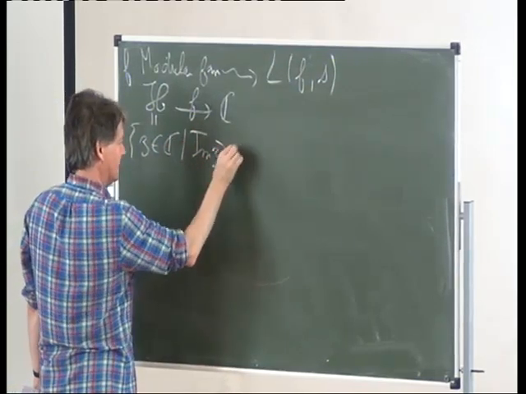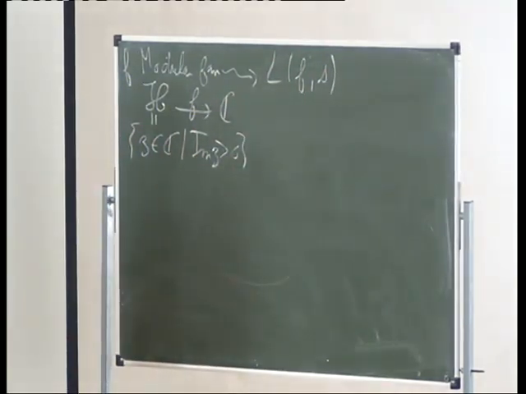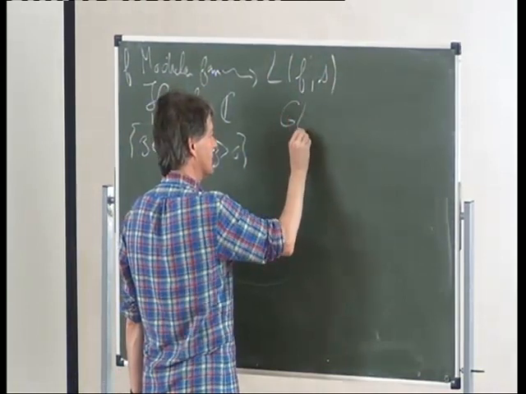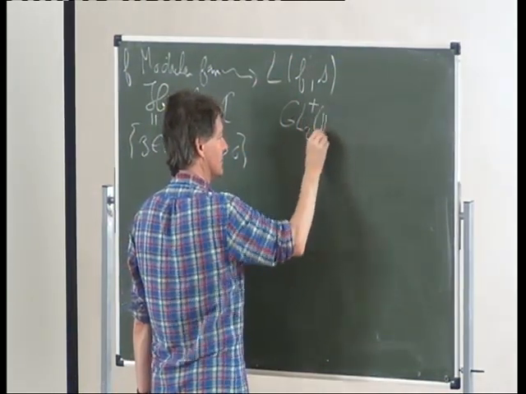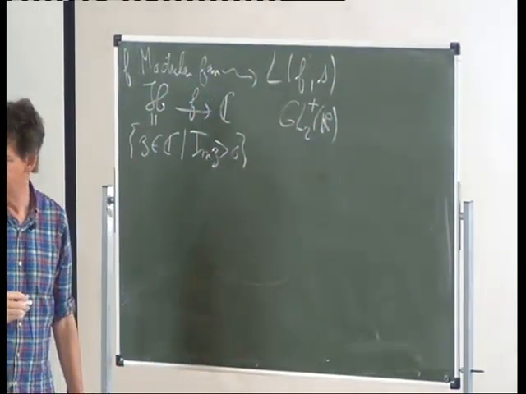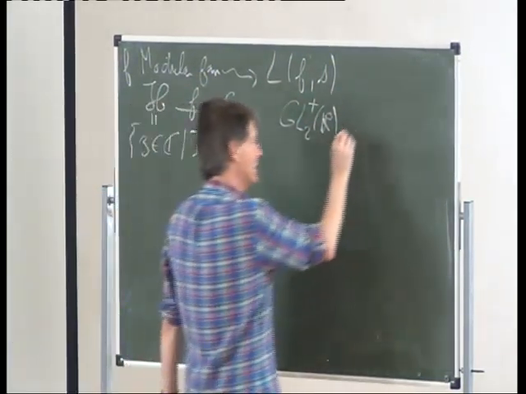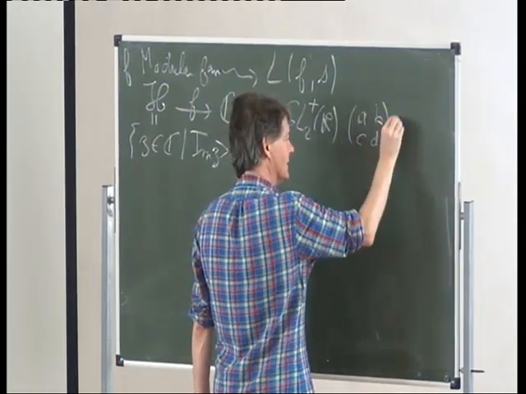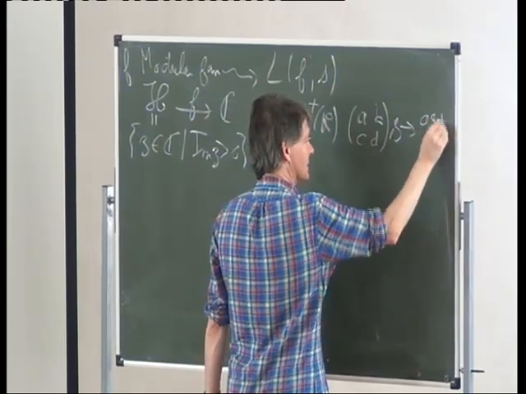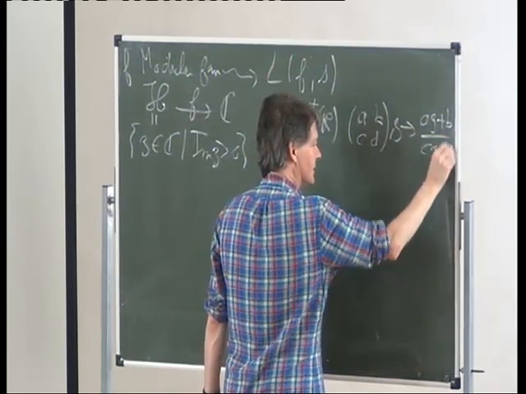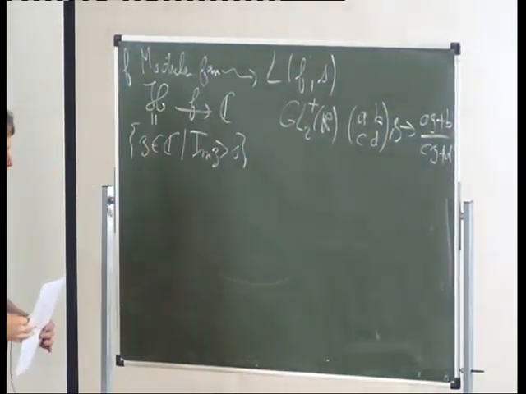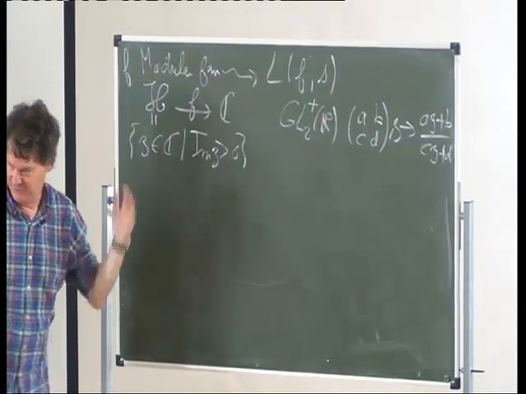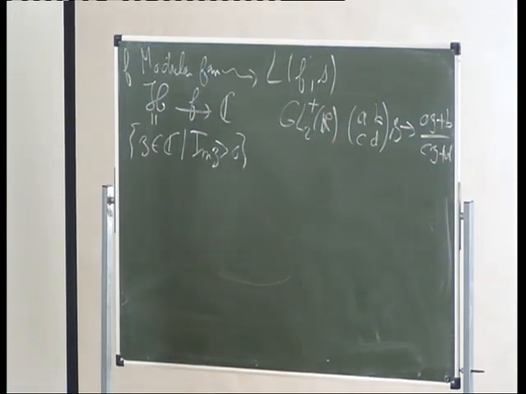And basically on H, the biggest group you can write that acts on this is the 2x2 matrices with positive determinant. And the action is that, to a matrix A, B, C, D, and Z, you associate AZ plus B over CZ plus D. You can also make act the full GL2, but then you need to take two copies of the upper half plane.